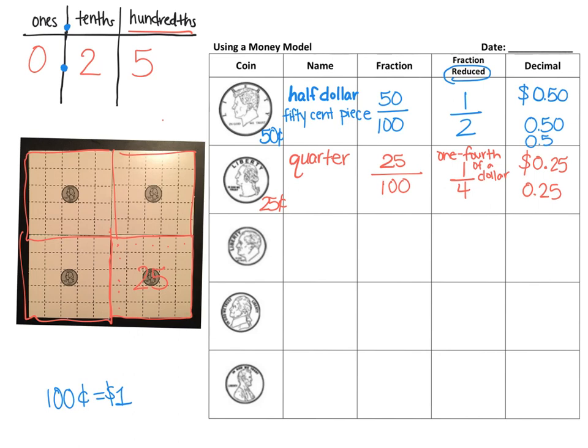So maybe you thought, oh, we can just put 0.2. But that is not correct because there are 5 extras here that aren't being used then. If you only count 0.2, you're only counting these. And a quarter is not worth only 20 out of 100. It's worth 25 out of 100. So make sure you do not put 0.2 or 2/10.